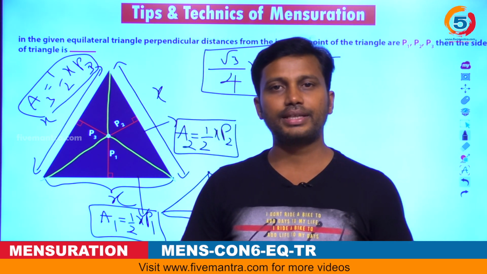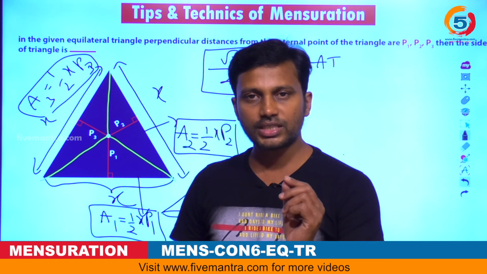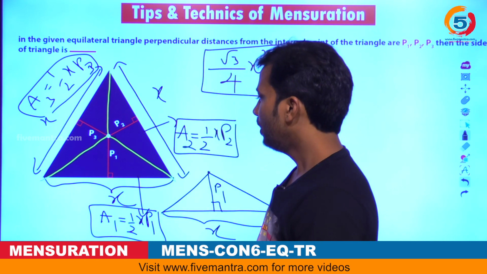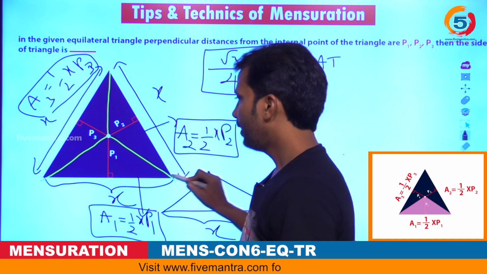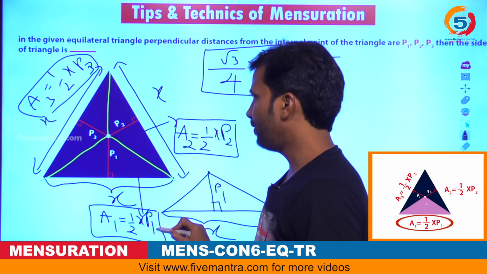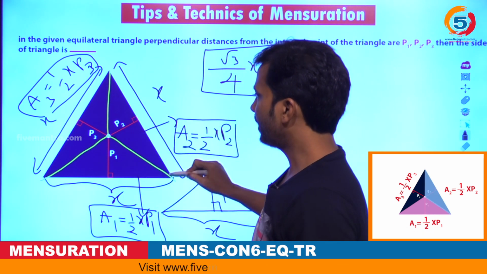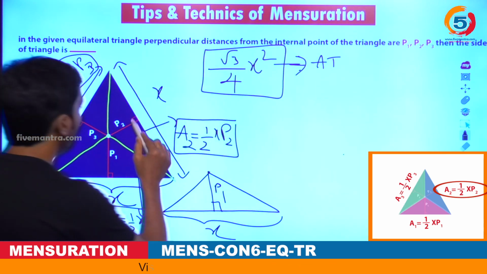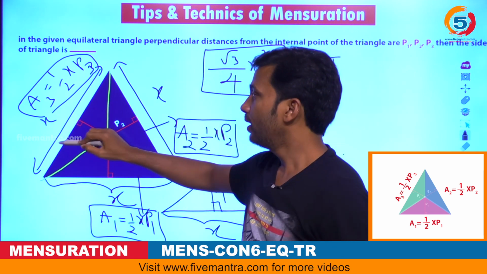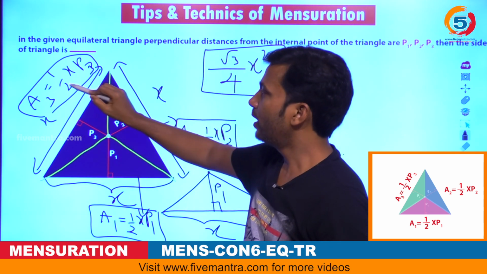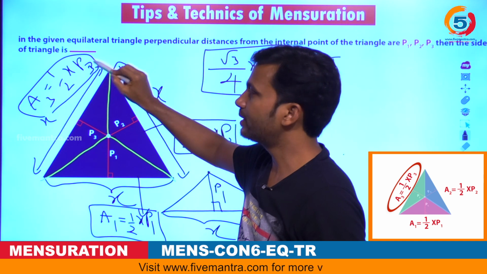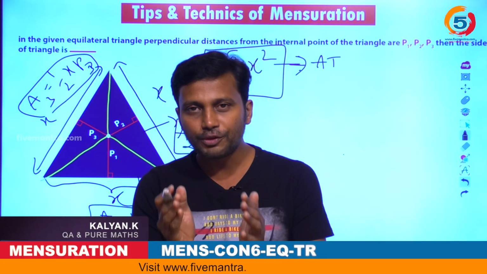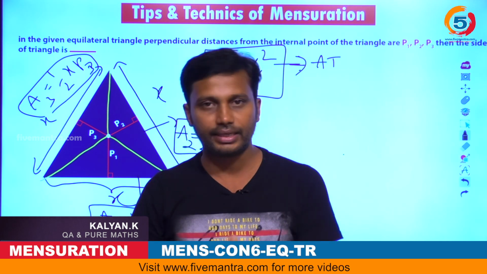Just for a small repetition: for this triangle, the area is half x P1, for this triangle the area is half x P2, and for this triangle the area is half x P3. Now we have found all the individual triangles separately.